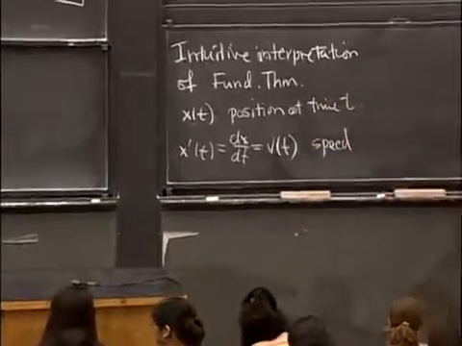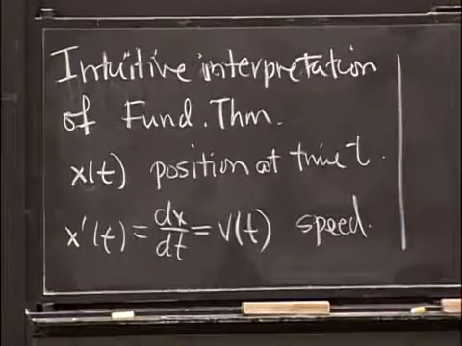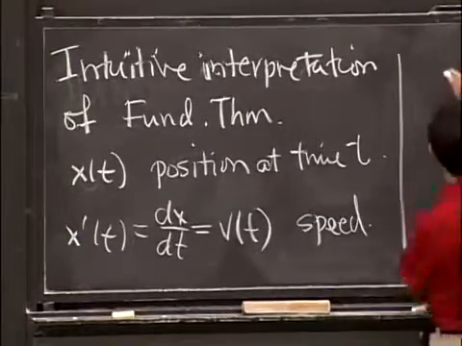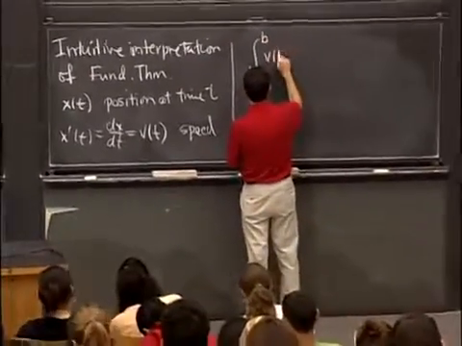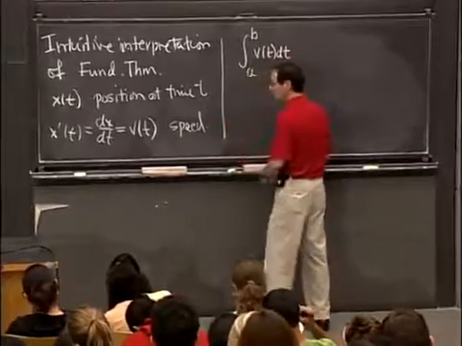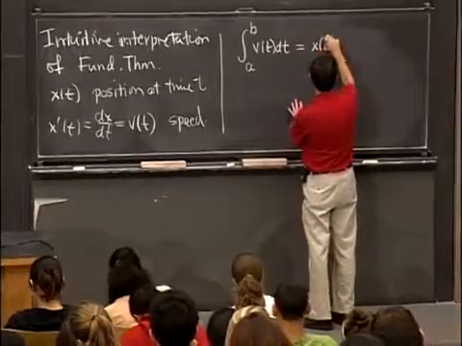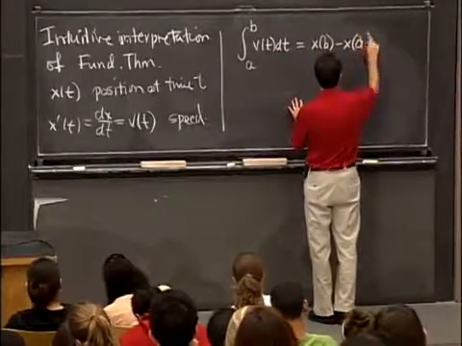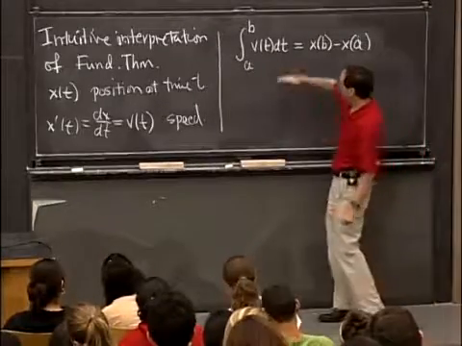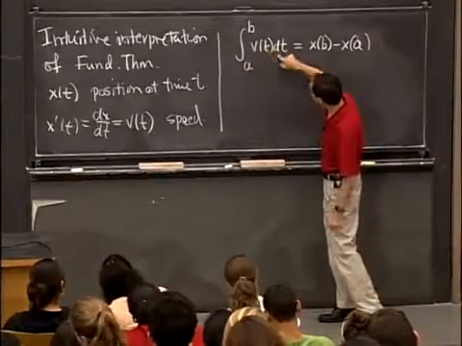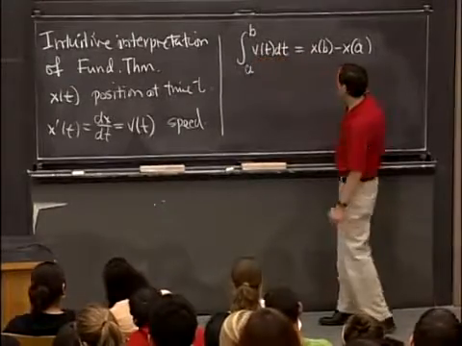All right? And then what the theorem is telling us is the following. It's telling us the integral from a to b of v of t dt, so reading the relationship, is equal to x of b minus x of a. And so this is some kind of cumulative sum of your velocities.